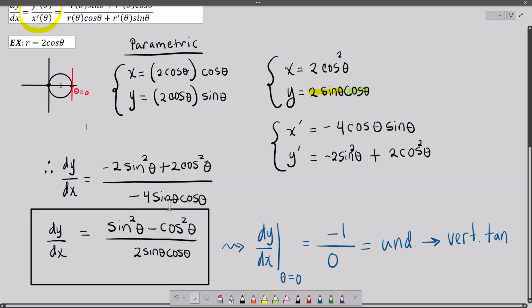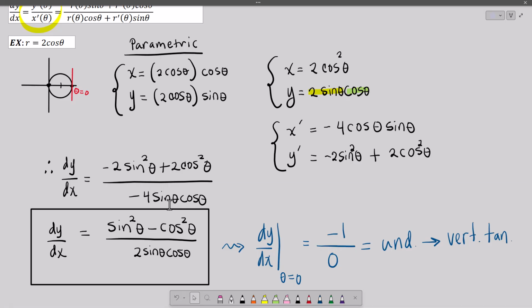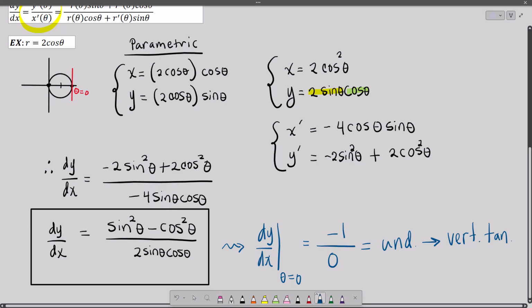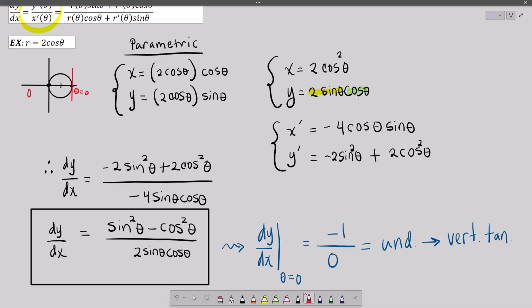If theta equals 0 is here and theta equals pi over 2 is over there, what would you hope would be the theta value that graphs the top?